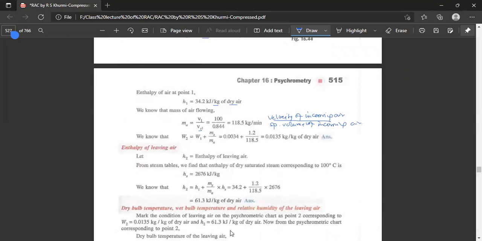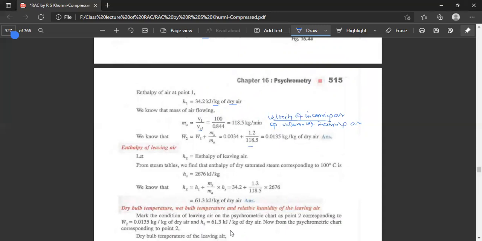We know that W2 is equal to W1 plus Ms by Ma, which is 0.0034 plus 1.2 divided by 8.5. We got Ma, so we put the value of Ma here.